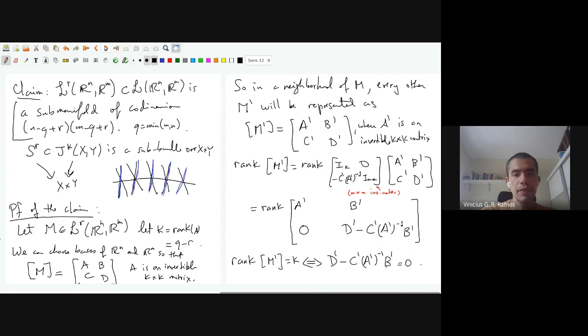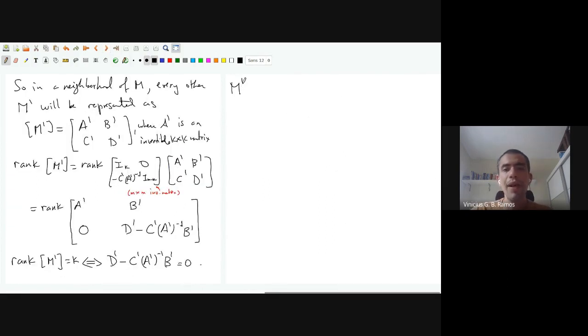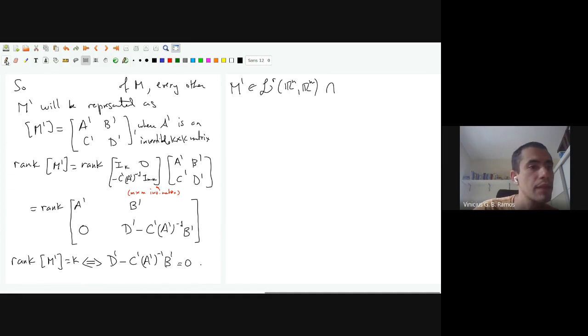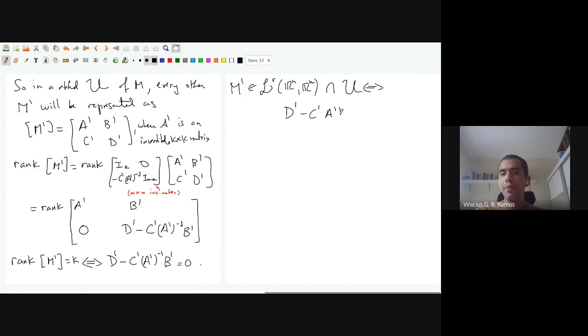Okay? So, the condition is that M prime belongs to L, R, Rn, Rm, intersected with some, let me call this neighborhood U. So in a neighborhood U of M, when I intersect with U, M prime is going to be in LR if and only if we have this condition: D prime minus C prime, A prime inverse, B prime equals 0.